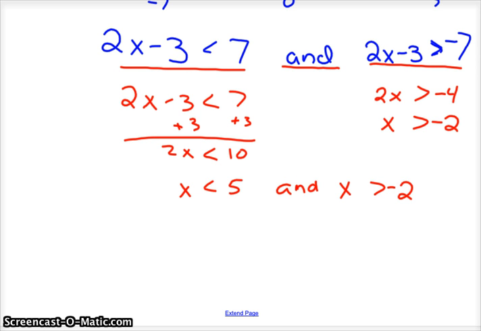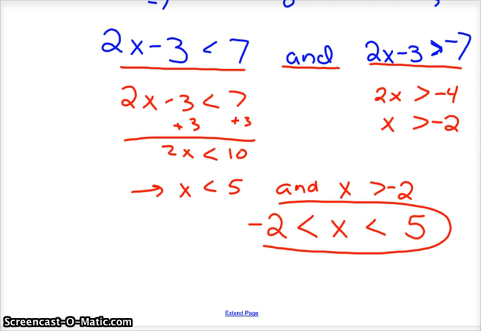Remember, we don't write it in this form when it's an and. We combine it into one sentence. You start with the smallest number, put your variable in the middle, and put your largest number on the right side, so you're going least to greatest, and then just fill in where the inequalities go. So negative 2 is less than x is less than 5.